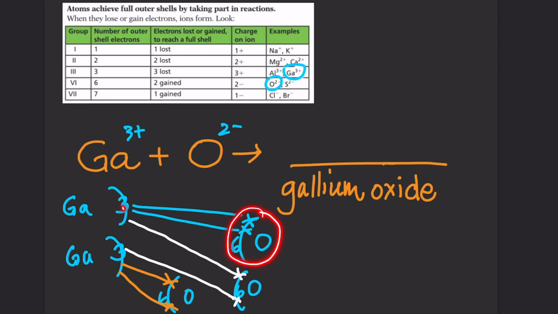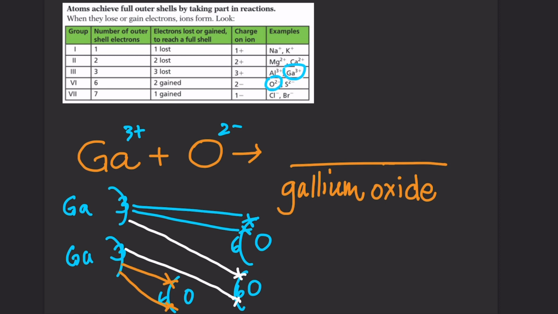The first oxygen atom takes 2. So the extra one needs to bond with another oxygen atom. But then this one needs another one. So we provide another gallium atom, and the next one comes from that one. But then there will be 2 extra, so it will bond again with another oxygen atom.